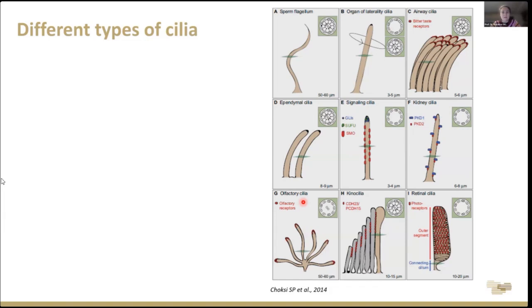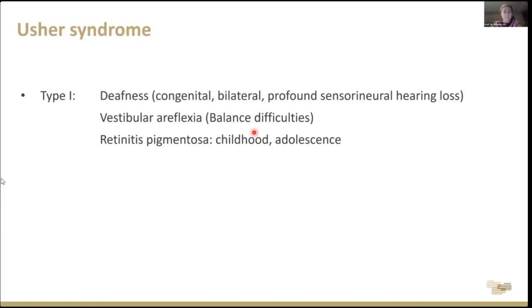Other cilia are well known in the respiratory tract, in the kidney, in spermatogenesis, in the sperms, and in other bodies, but these cilia are actually not affected in Usher syndromes, although there are, of course, other syndromes which might affect all of them. So here we will talk only about the hearing and the vision loss.